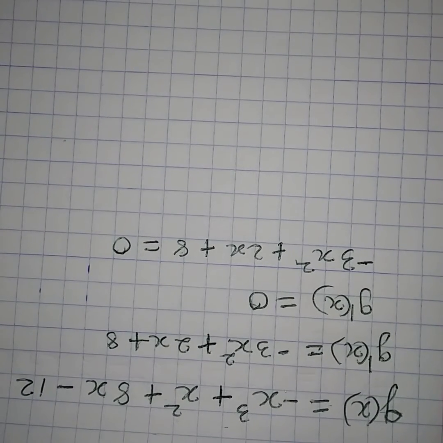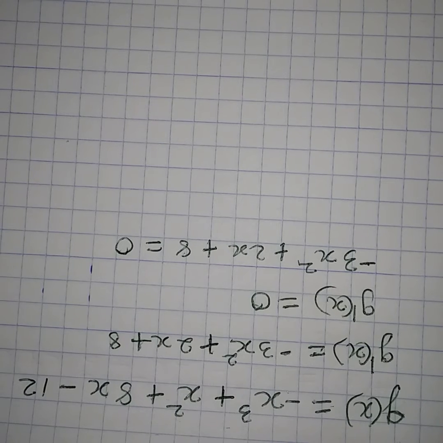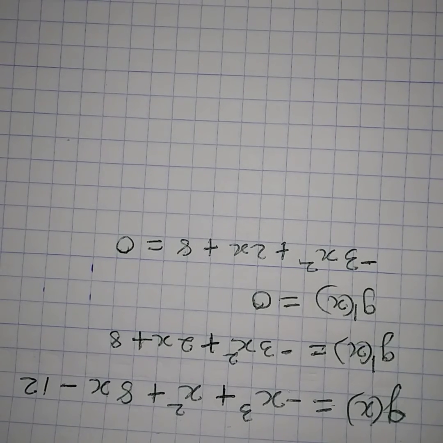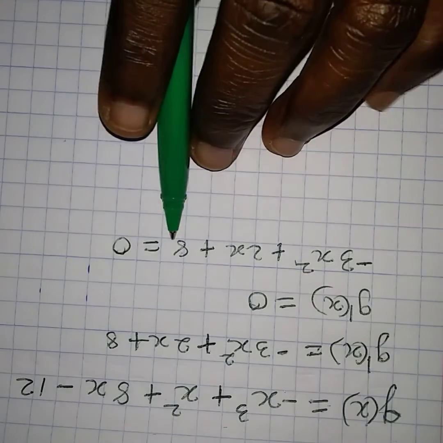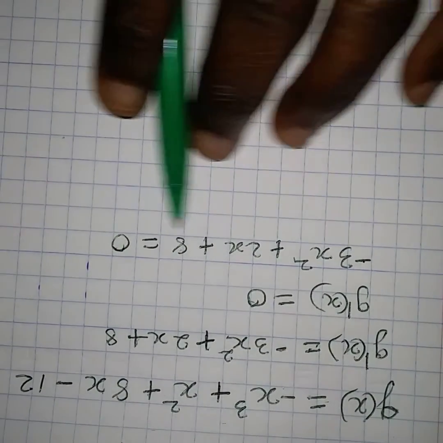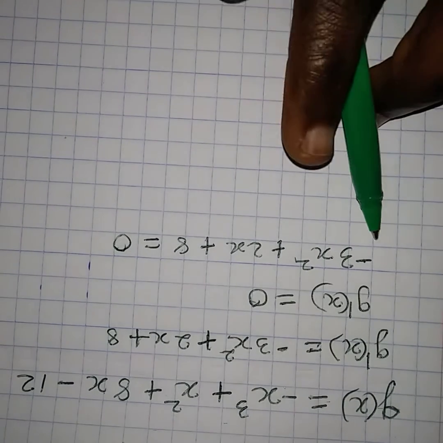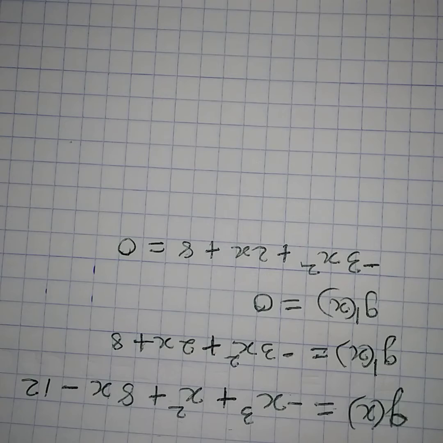So now this is a quadratic equation, obviously. So we can do something about it. What do you think? We can quickly say we either solve it directly or we can divide through the equation by negative 1 to allow us to just do it easily.